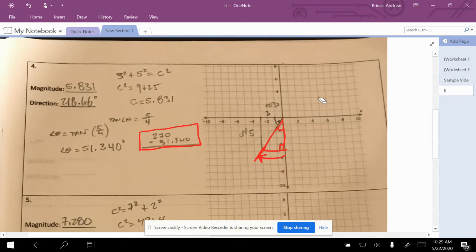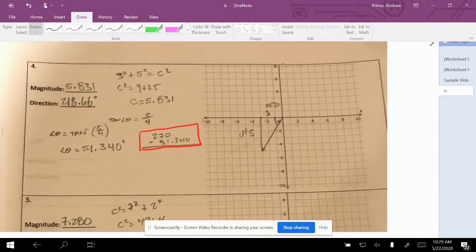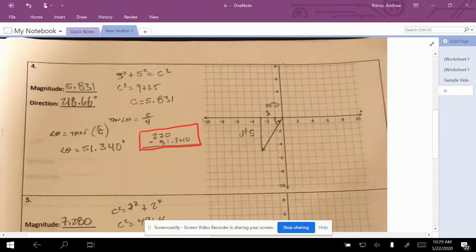But if you're going to do it that way, you need to find that other triangle, not the one that you found. If you're going to do your triangle here like you did, that's fine. But when you take this angle, what I would do is I'd take 180 and then add whatever that angle is, and that'll bring you to here. Hopefully that makes a little bit of sense.